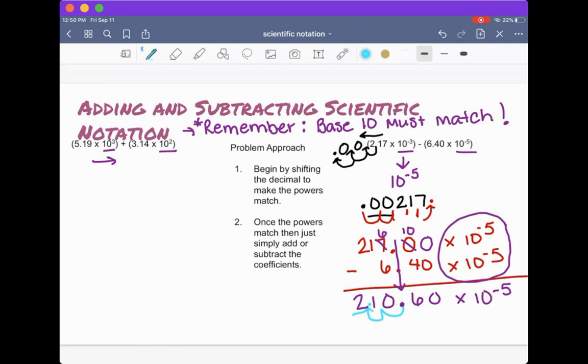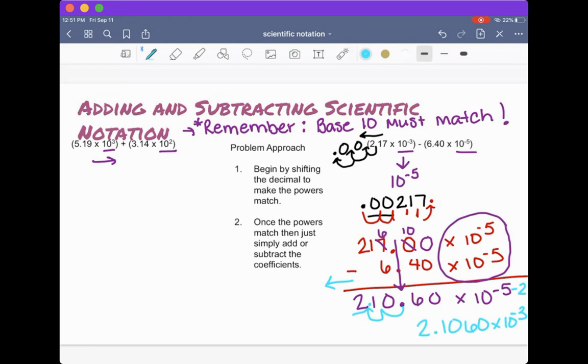I moved it 1, 2, and I moved it in this direction. If I moved it in this direction, that means I'm going to take away from the 5. So I'm going to minus 2. So now I get 2.1060 times 10 to the minus 3.